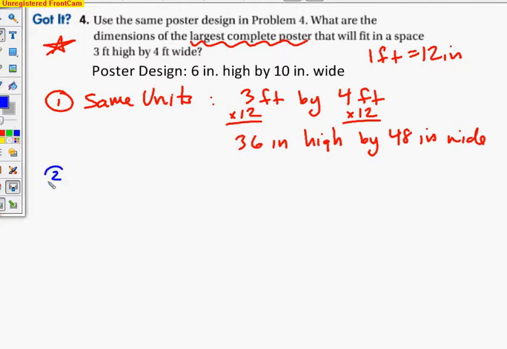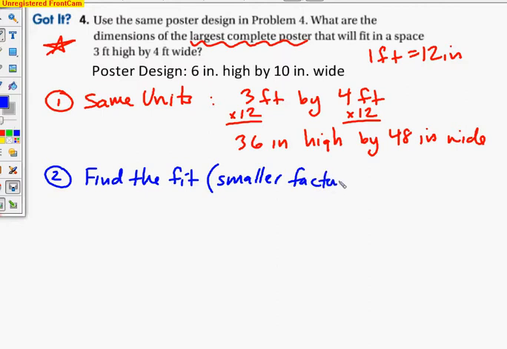Step 2. So now that we're all in the same inches, now we need to find the fit. And to do this, we have to pick the smaller factor. So what's going to happen is we are going to compare the heights and going to compare the widths.